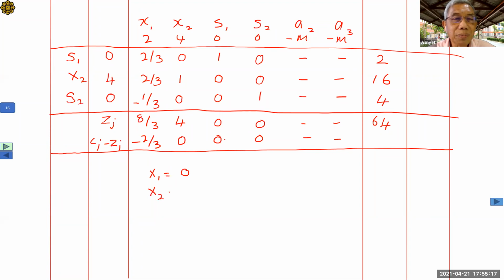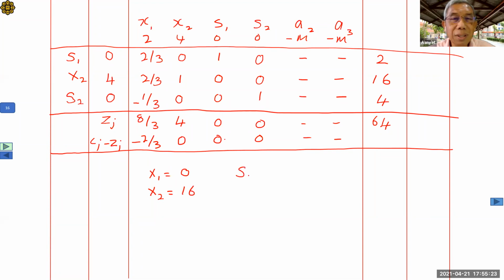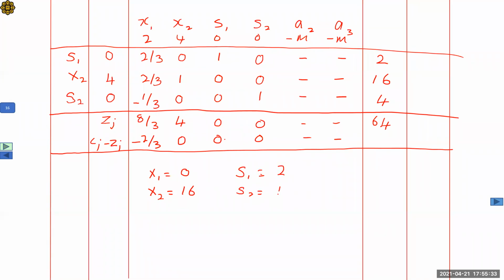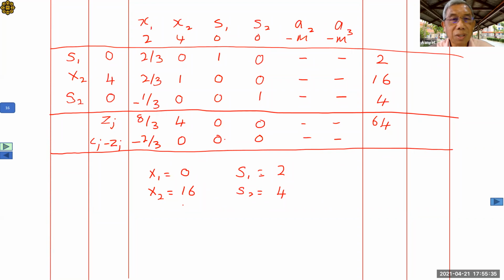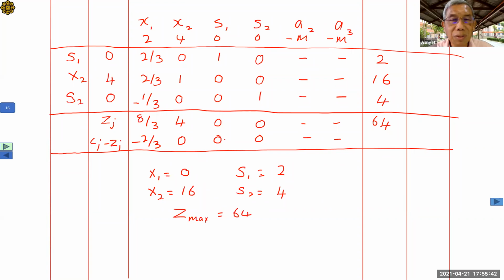X2 is 16. Now we have slack 1 and surplus variable 2. What's the value from the table? S1 is 2, and S2 is 4. Then Z max equals 64. Okay, done.